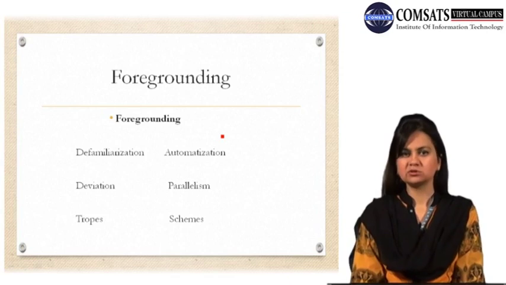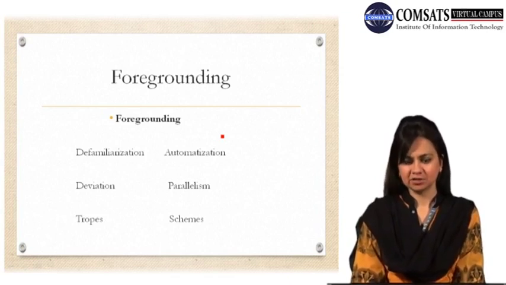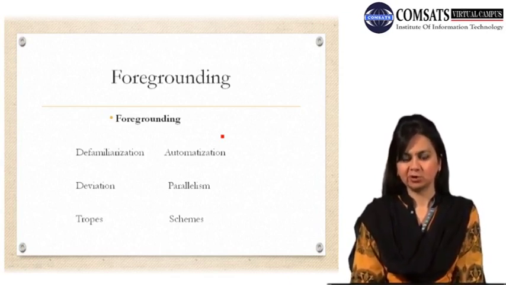Or foregrounding can be done by repetition, creating pattern and order, that is also called parallelism or automatization. And to create parallelism and automatization, writers rely on literary devices and figures referred to as schemes or rule making.